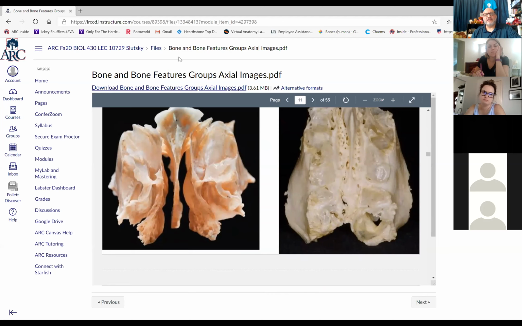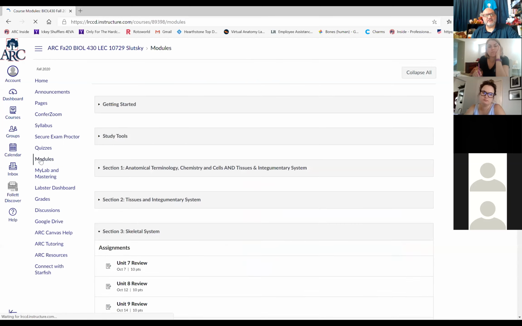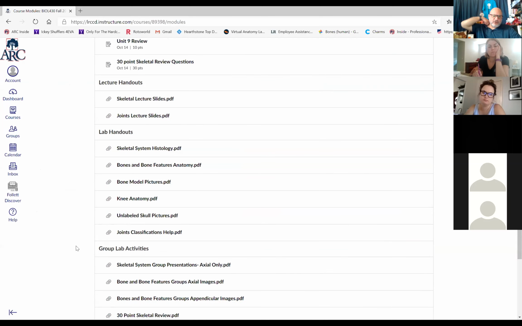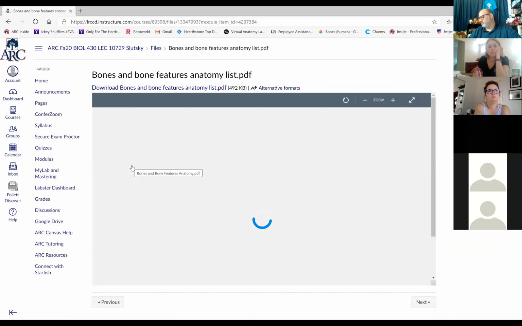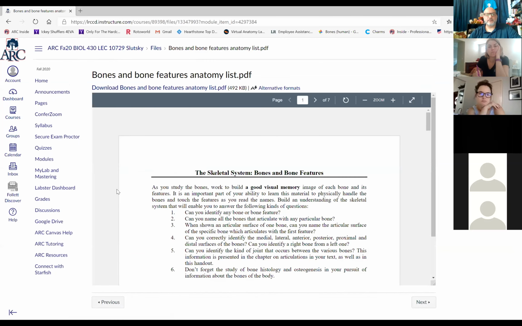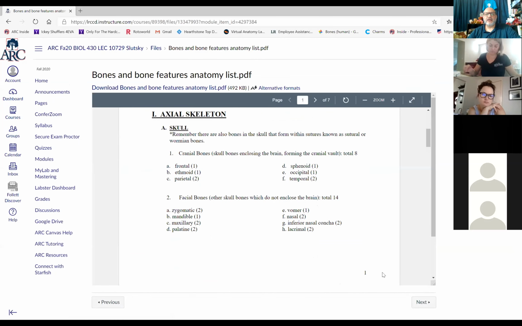Let's go back real quickly to our list. I'll do this on the bone and bone feature list, so you can do this on your bone and bone feature list. Here are the bones of the skull. All of these bones you are responsible for identifying in an intact skull. So in the intact skull, you need to be able to identify all of these bones.